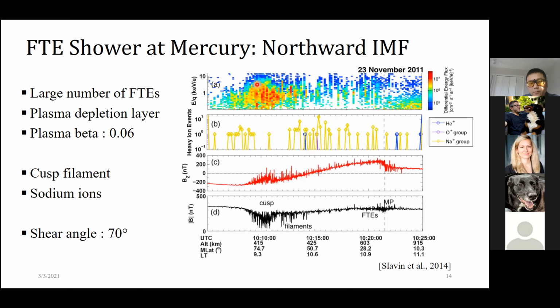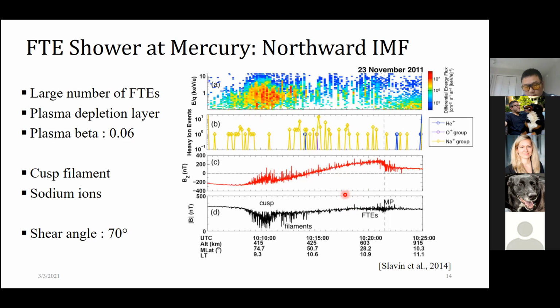The first panel here shows the proton spectrum, and the second panel shows the observed density of sodium ions, mostly sodium ions, the yellow color. The third panel shows the BZ component, and the last panel shows the magnetic field intensity.